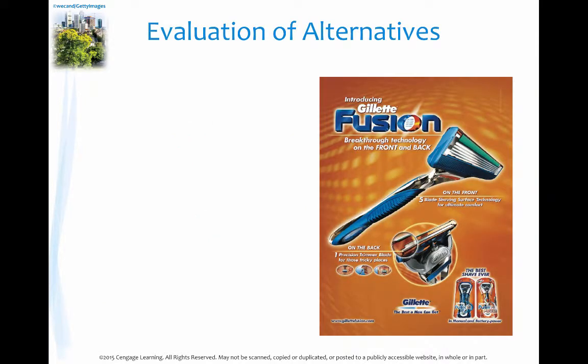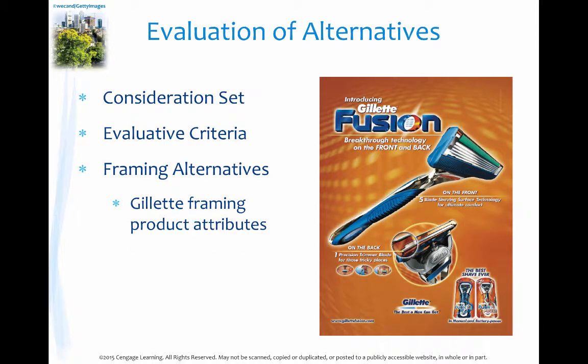A successful search yields a group of brands called a consideration set, which a buyer views as possible alternatives. To evaluate the products in the consideration set, the buyer establishes certain criteria by which to compare, rate, and rank different products. Marketers can influence consumers' evaluation by framing alternatives.